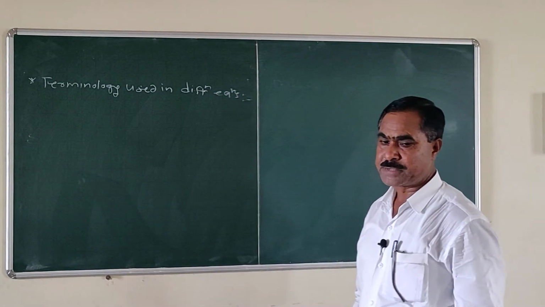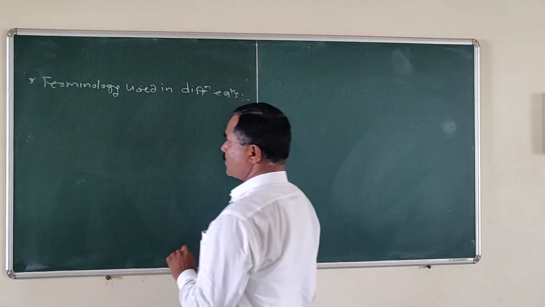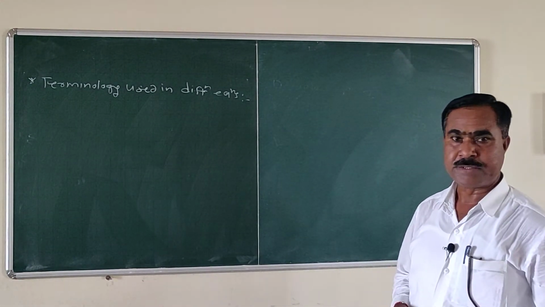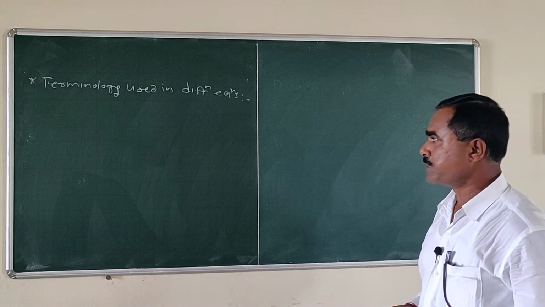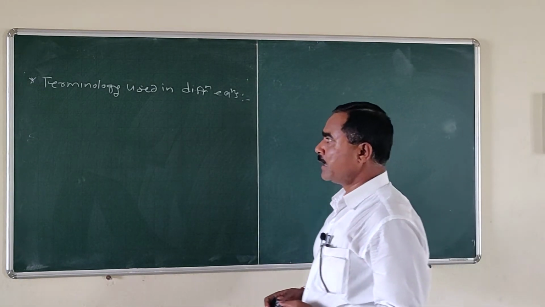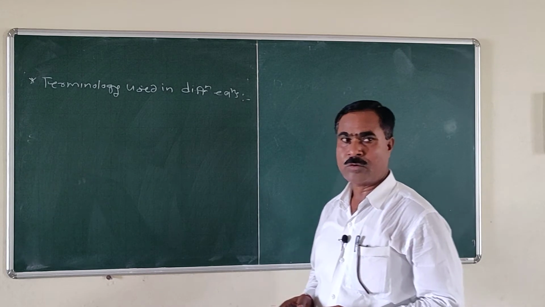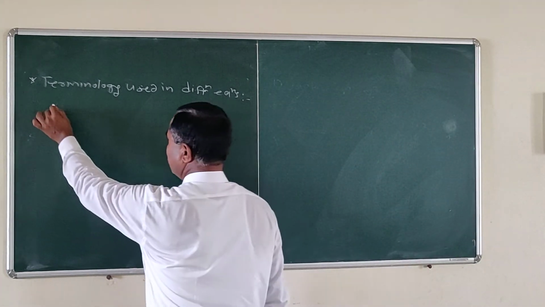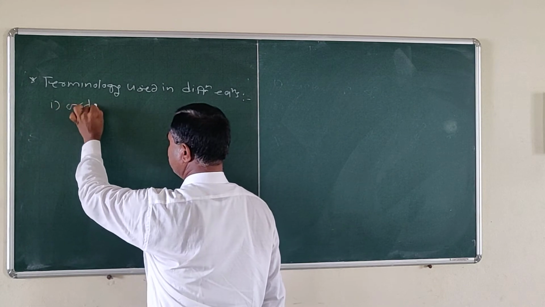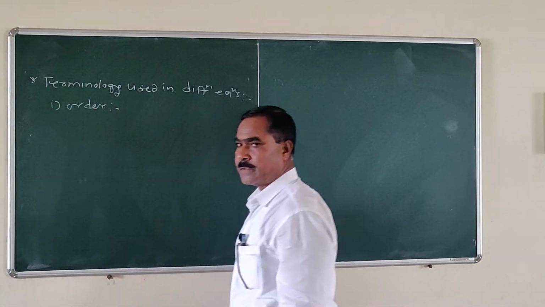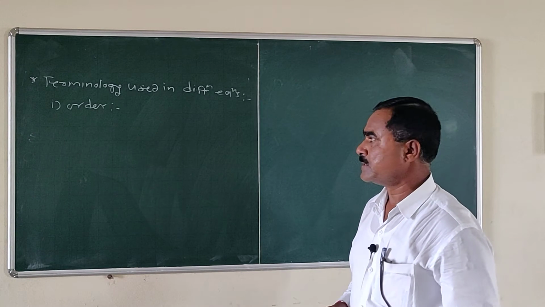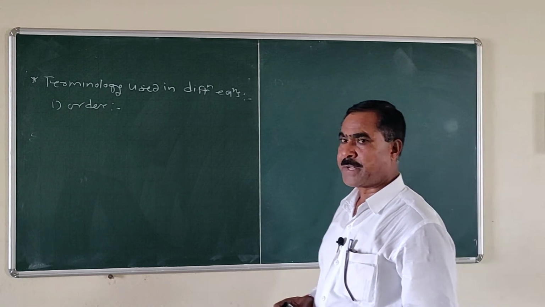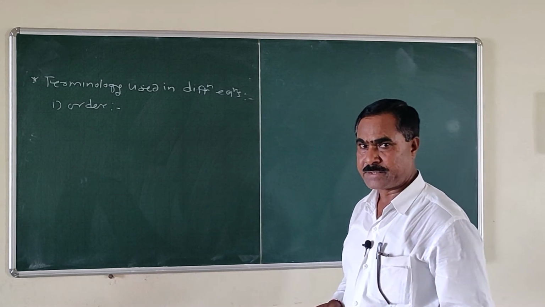Terminology used in differential equations. To solve the differential equation, we must know the order of the differential equation, the degree of the differential equation, its linearity and homogeneity. So we define these terms one by one. First we take the order. The order of a differential equation means the order of the highest derivative when the equation is rationalized.